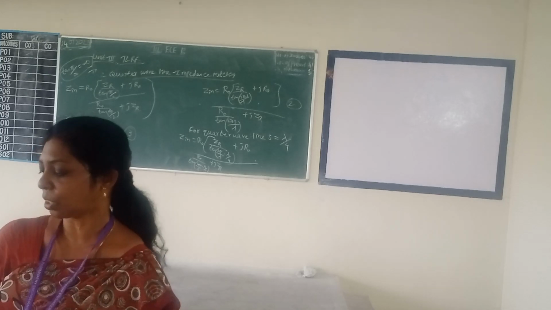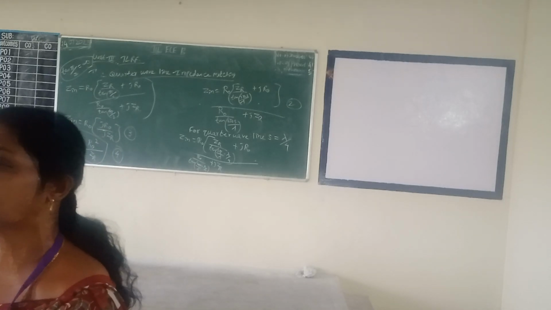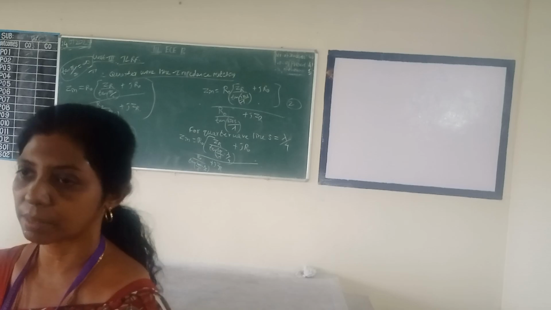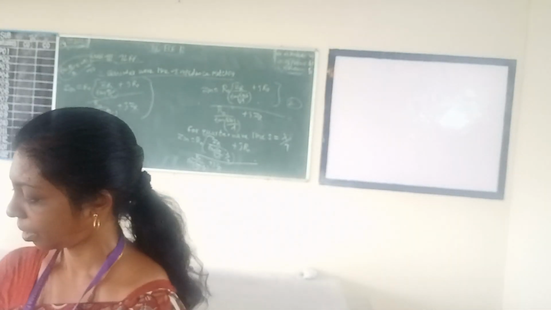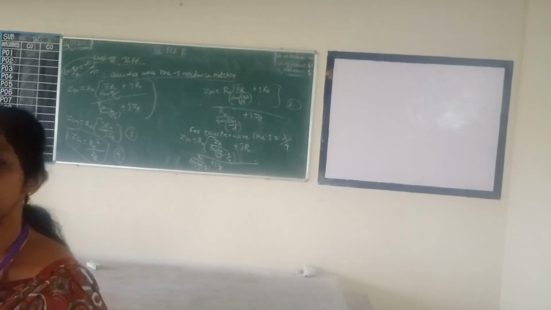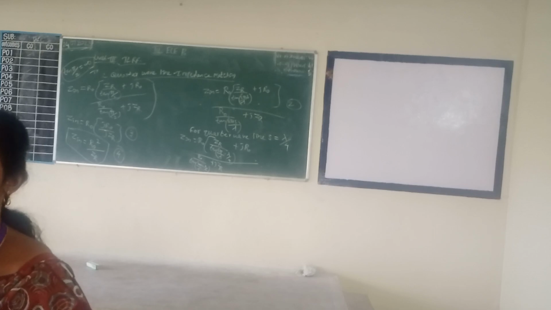Zin is equal to ZR. The input impedance Zin is equal to ZR.